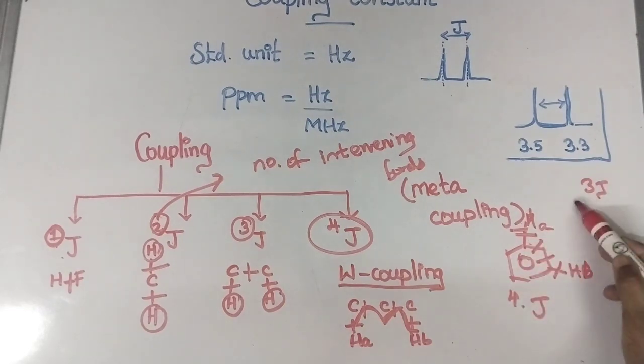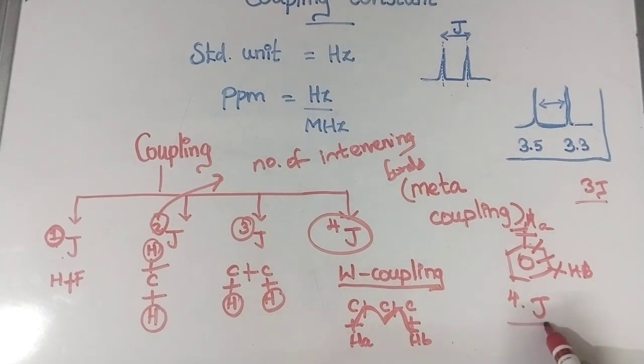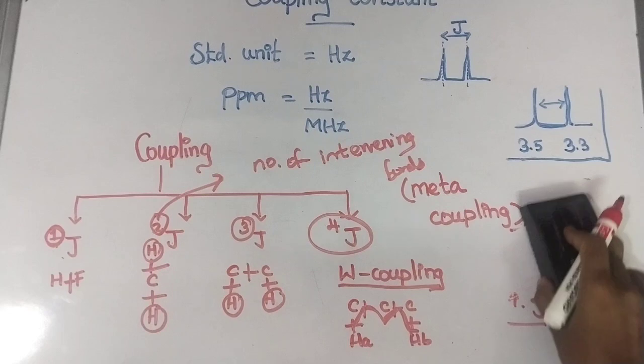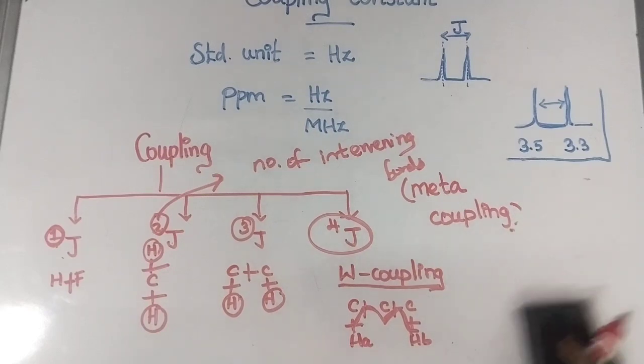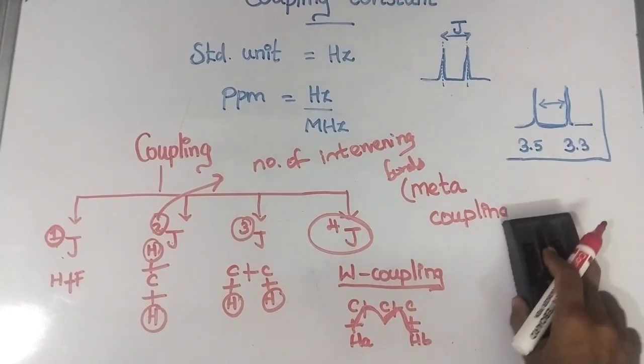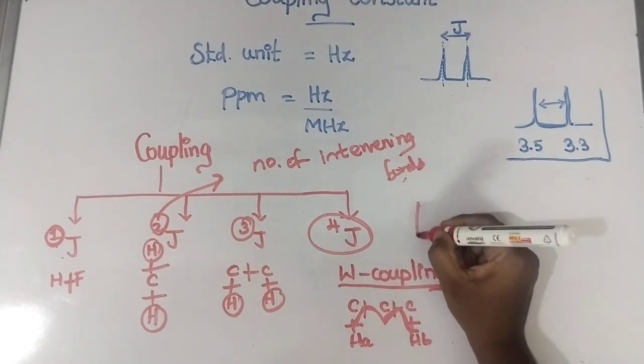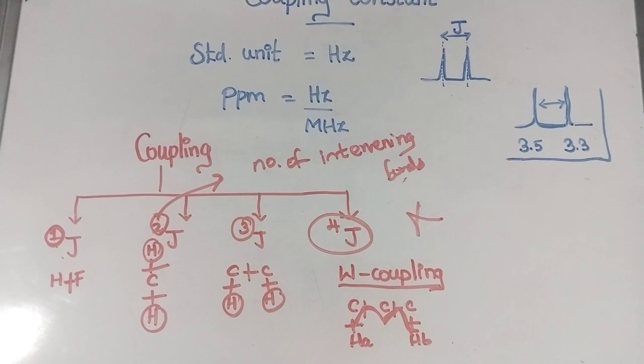Ortho coupling is J3 coupling, meta coupling is J4 coupling. Generally this coupling is not considered because it is very weak: the distance is maximum in the meta case compared with ortho, so they won't couple that much.